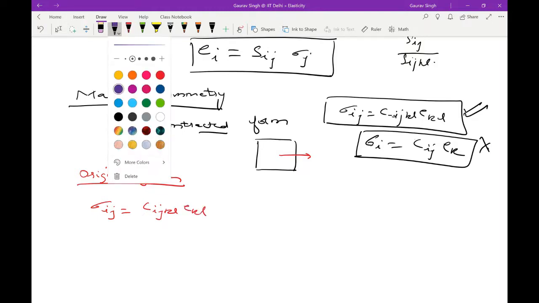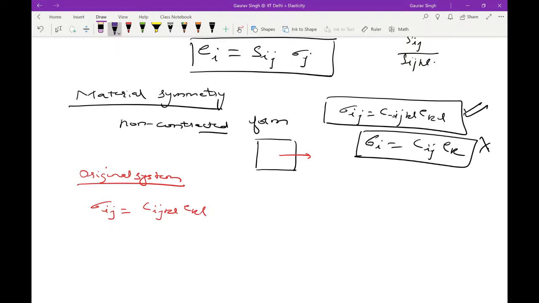Now in any transformation, say this purple, you can write in the new coordinate system, the dashed coordinate system, sigma ij dash equal to Cijkl dash ekl dash.